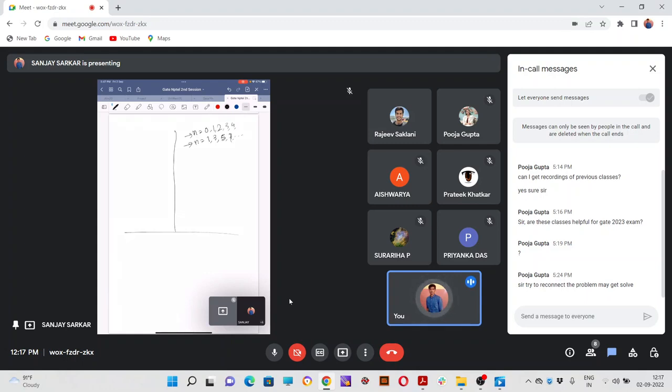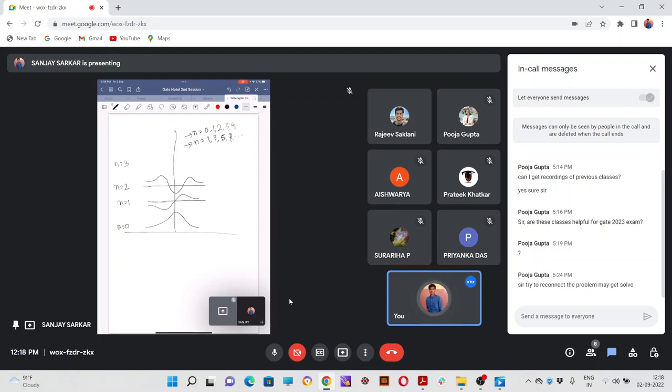And also the wave function. For n equal to 0, this is the wave function for the harmonic oscillator. For n equal to 1, the wave function looks something like this. For n equal to 2, the wave function looks like this.